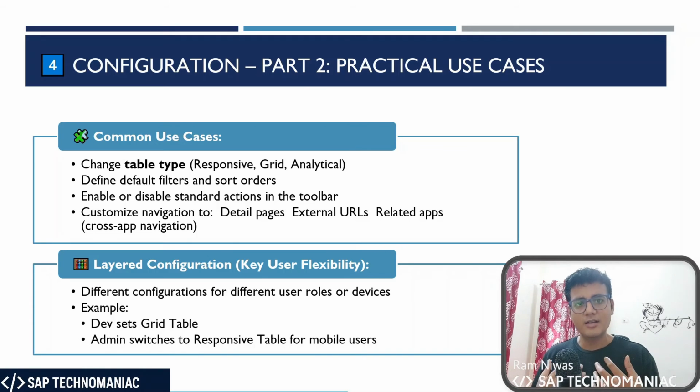But a manager wants to use that application in some cases on a phone or tablet also. So he can convert that grid table to a responsive table using key user extensibility. This is one of the typical examples where we can do the settings in different layers. The upper layer is this configuration file, and the annotation comes in the developer layer where the developer is changing. When the developer changes it, it will apply across all the systems wherever that particular CDS is used. So this is all about the configuration file.